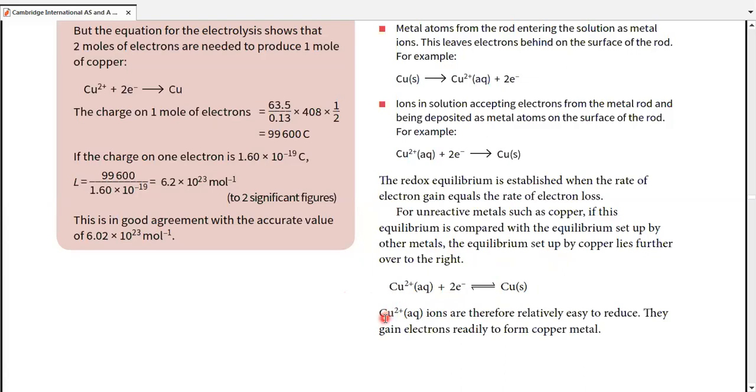Why is that happening this way? Let me tell you, the reactive metals are more stable in their ionic form. However, the unreactive metals are more stable in their solid form. That's why the reactions occur like this for reactive and non-reactive elements respectively. Do we get the point? So why are reactive atoms more stable in ionic form? We started that back in IGCSE, as well as in A levels, in the bonding chapter.